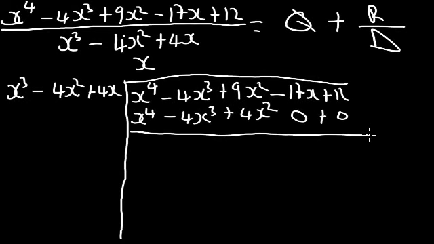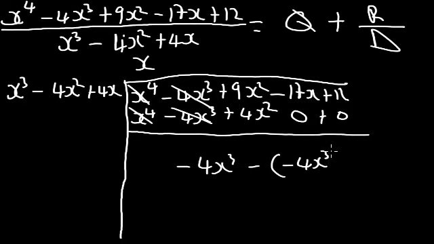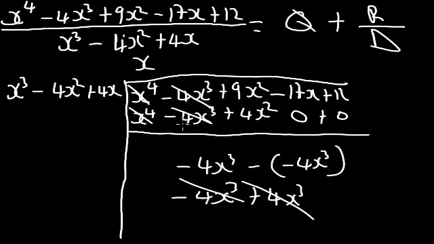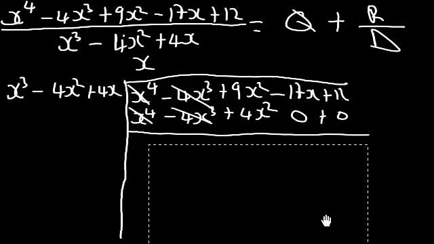Now we subtract. This cancels out eventually. This also cancels out because negative 4x cubed minus negative 4x cubed becomes negative 4x cubed plus 4x cubed, and they eventually get rid of each other.